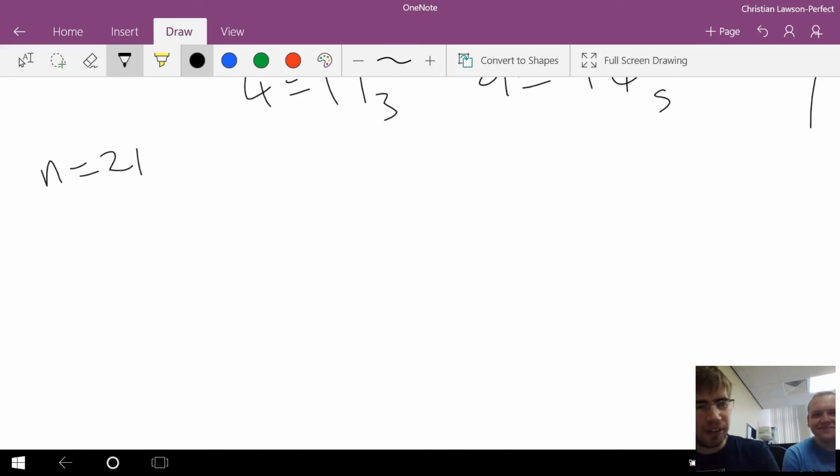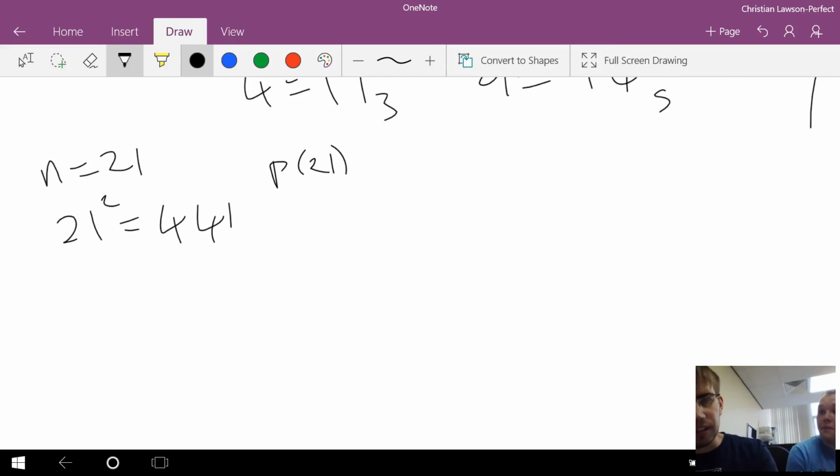Right, so n is 21. So 21 squared is 441. I like that square, because it's 12 squared backwards. And the 21st prime is 73. So it's going to be 6 of them. 6 times 73 is 438.